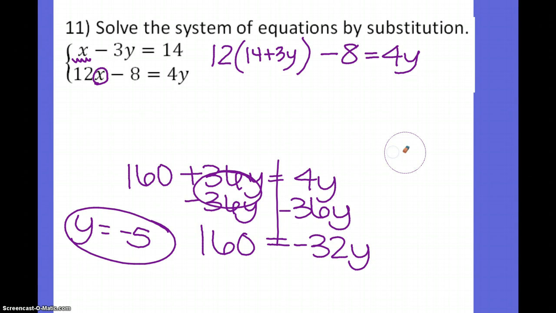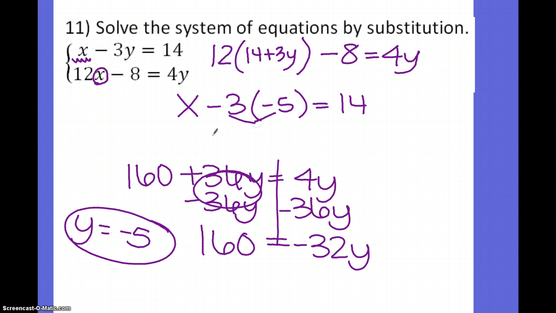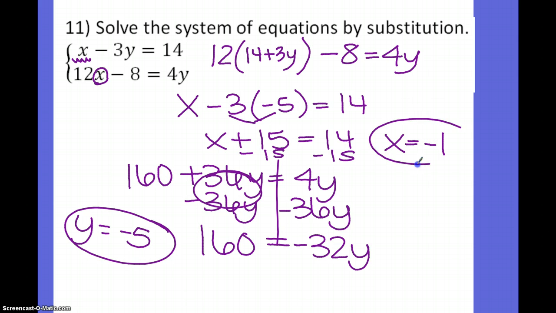So let's go with the top. x minus 3, plug in negative 5 equals 14. A negative 3 times negative 5 is positive 15. And if you minus 15 over both sides, you get x is negative 1. So that's the solution point they have in common, negative 1, negative 5.